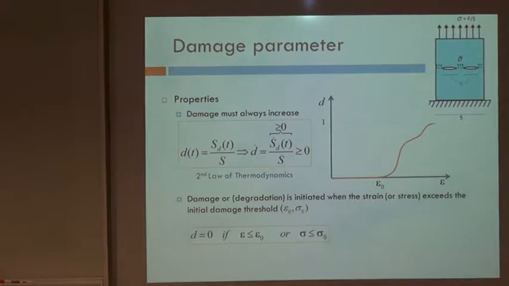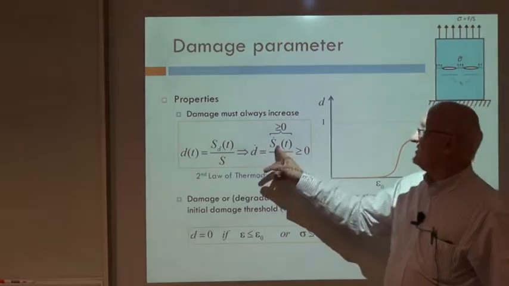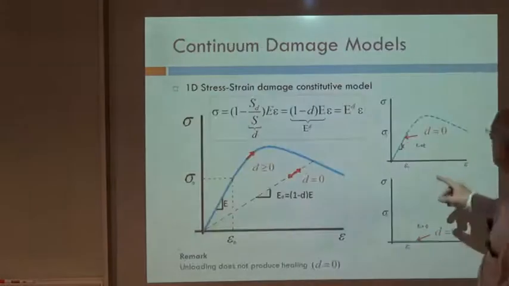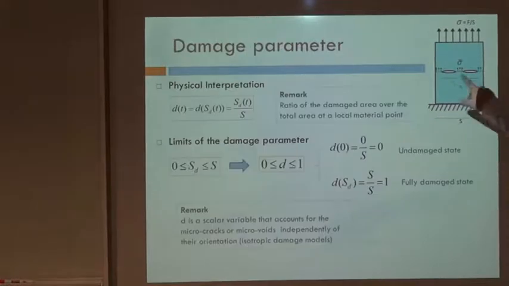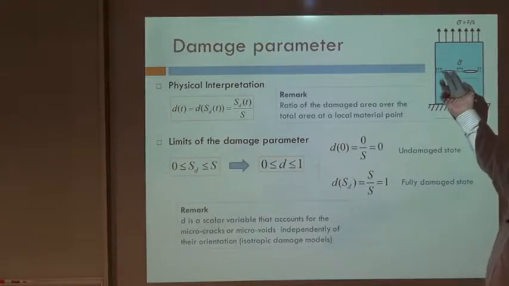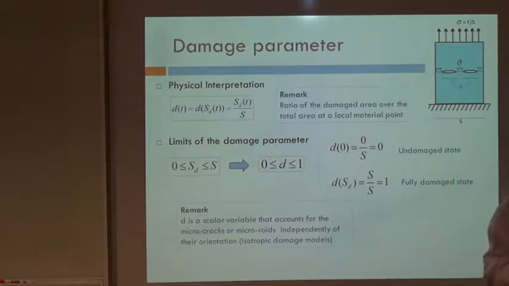Again, the situation in which this is smaller than 0 would correspond to some healing of the material, which in this family of materials doesn't happen. So we know that once the material is broken, it doesn't recover the cohesive capacity at the lips of the formed cracks.